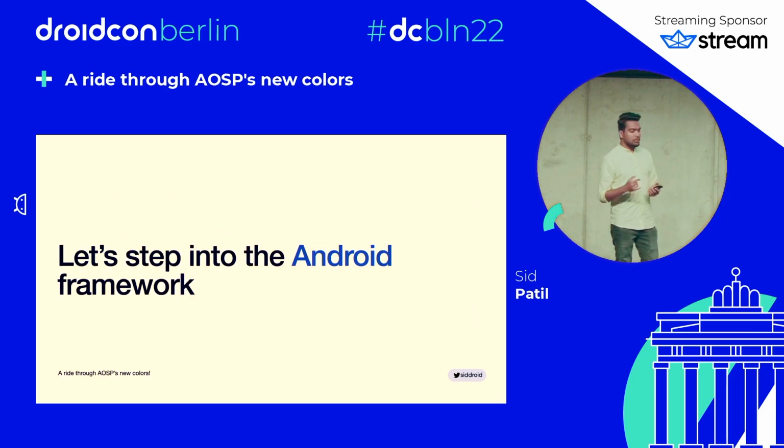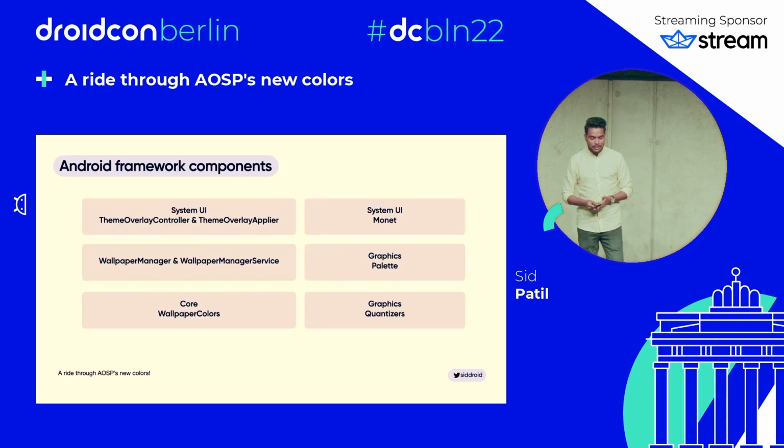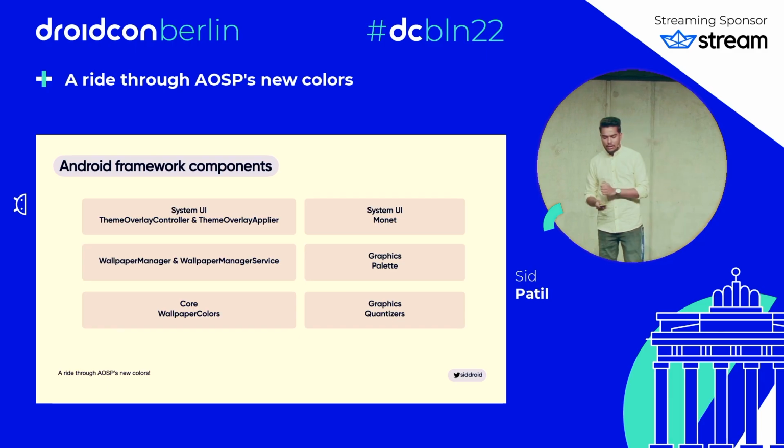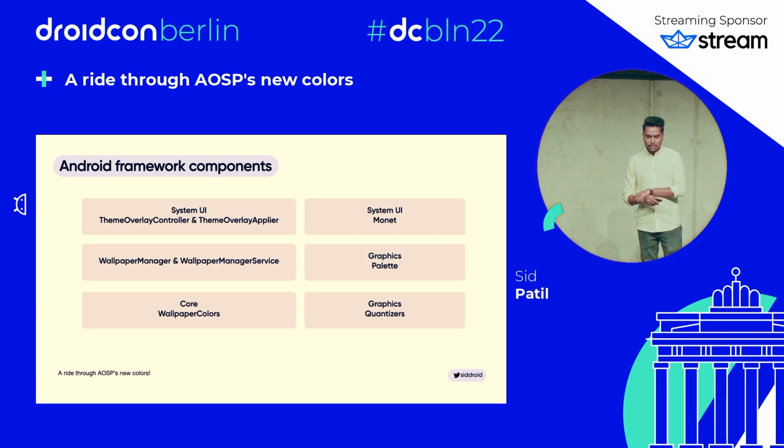We'll see various portions of this logic, and parts of AOSP. I've tried my best to structure this presentation in a way that we see only relevant portions. There's a ton of code there, and it's impossible to cover given the length of the presentation. So the components that we are briefly going to understand within the system UI are the theme overlay controller and the theme overlay applier. We are going to see the system UI package that is Monet, the new package that got added, and the utilities in this class within the Monet components.